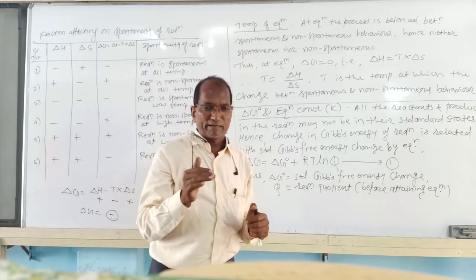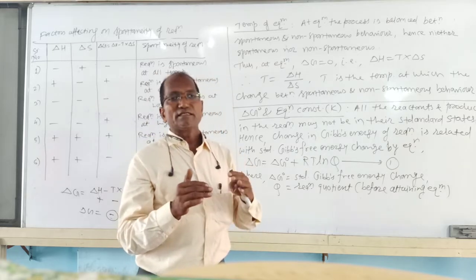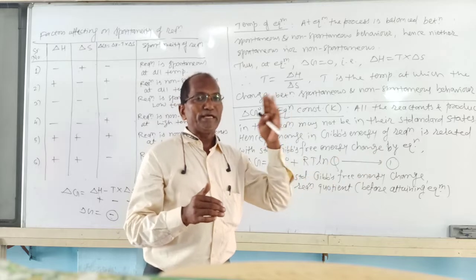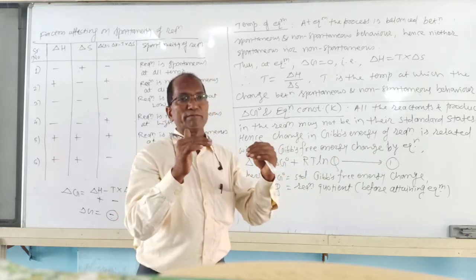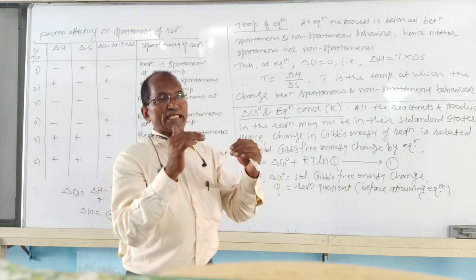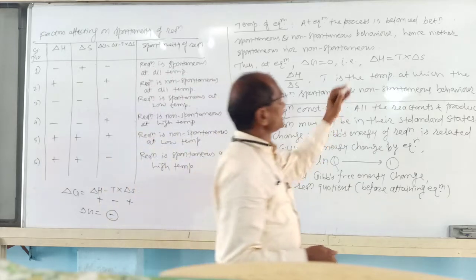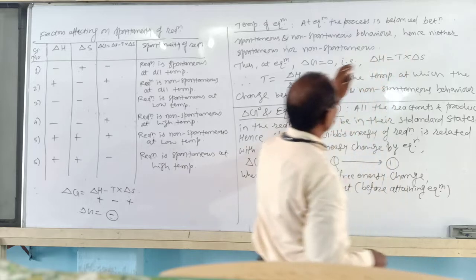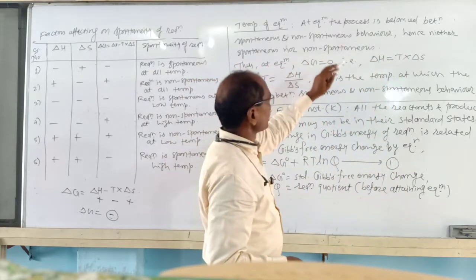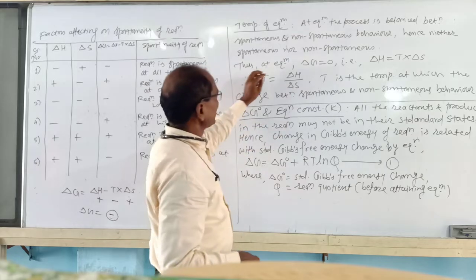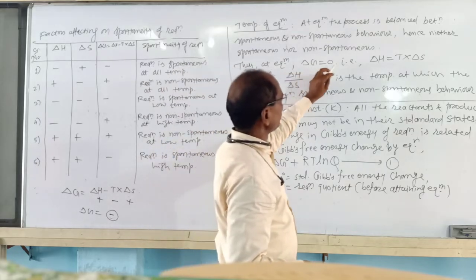Means at equilibrium, the process may be spontaneous or may be non-spontaneous. Therefore, the process is balanced between spontaneous and non-spontaneous behavior. Hence, the process is neither spontaneous nor non-spontaneous. Thus, at equilibrium, ΔG is equal to 0.